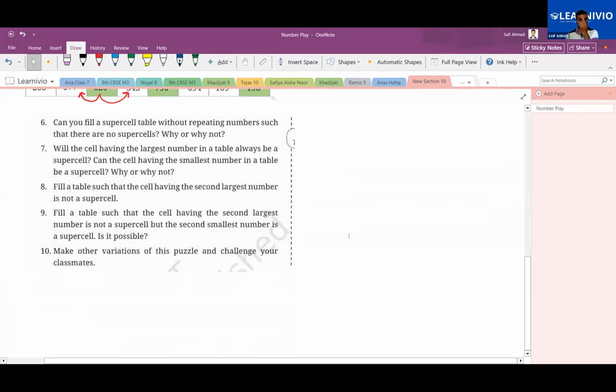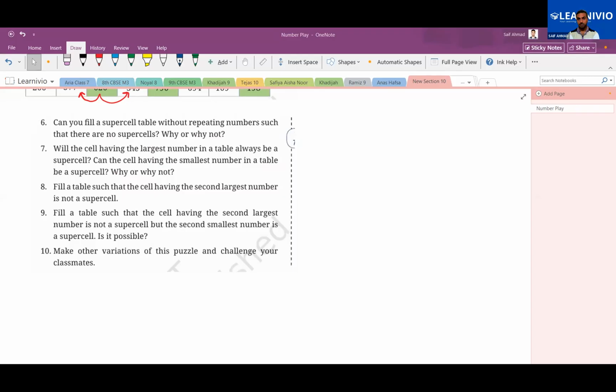Can you fill a supercell table without repeating numbers such that there are no supercells? Why or why not? Can you tell me if it's possible? No, it's not possible to fill a table without repeating numbers and have no supercells.